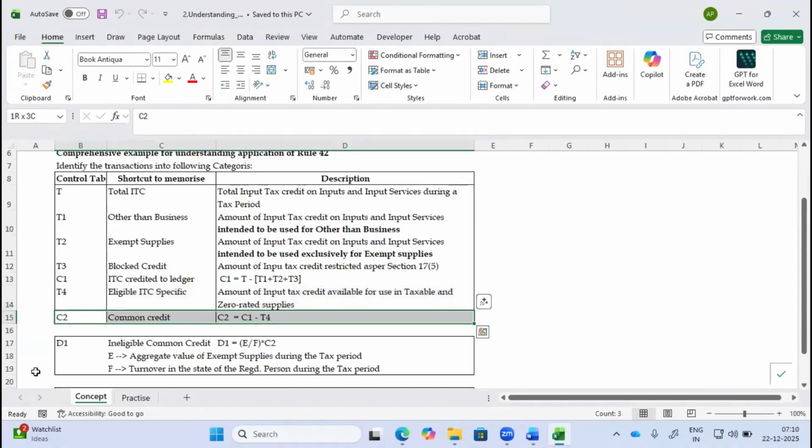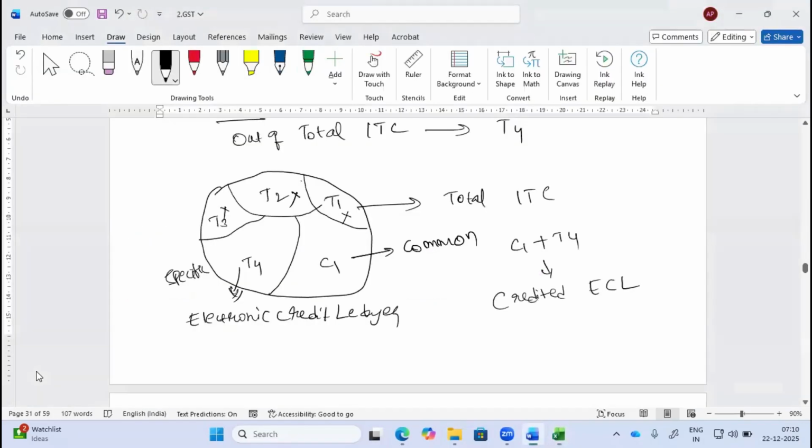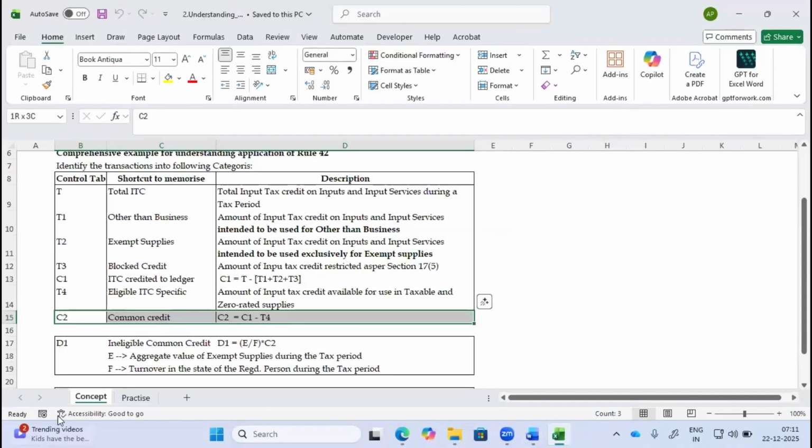The remaining portion, they say C2 is your C1 minus T4. So my specific credit, they have, okay, let me call this as C2. This entire C2 is equal to, they say C2 is equal to your C1 minus T4. C1 is nothing but total credit minus T1, T2, T3. They have defined here.